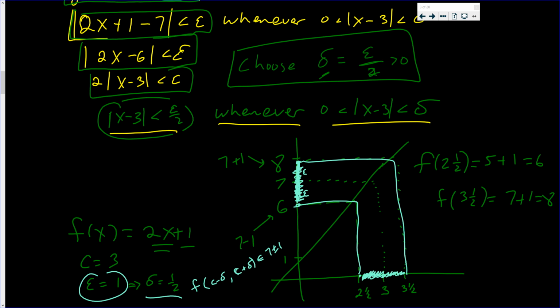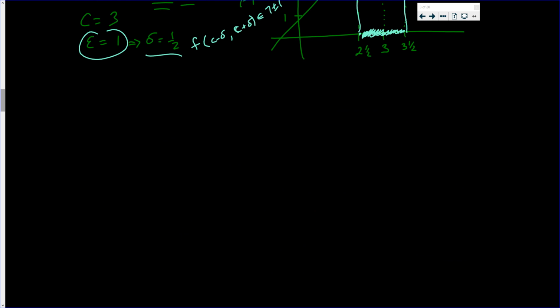Let's pick another epsilon. Now, this is really abstract, I understand this. We know that f of x is 2x plus 1, c is 3. Let epsilon be a quarter. So delta is half of epsilon in this case.